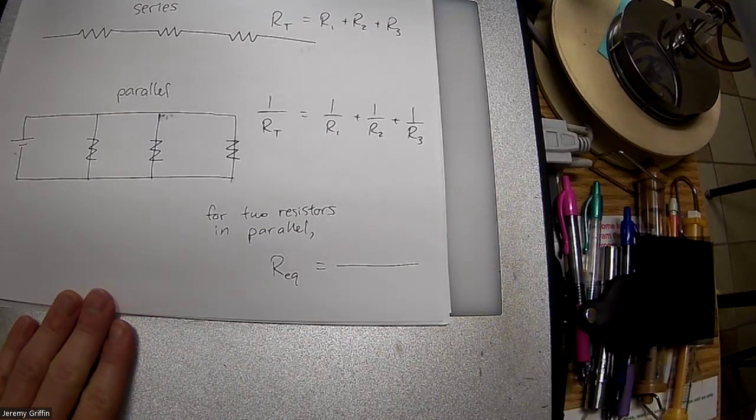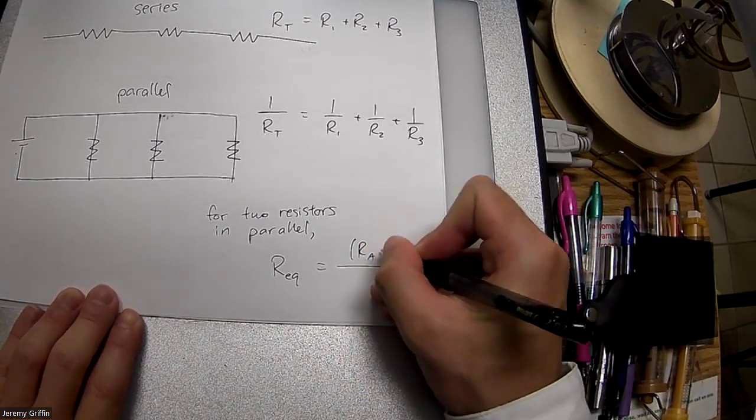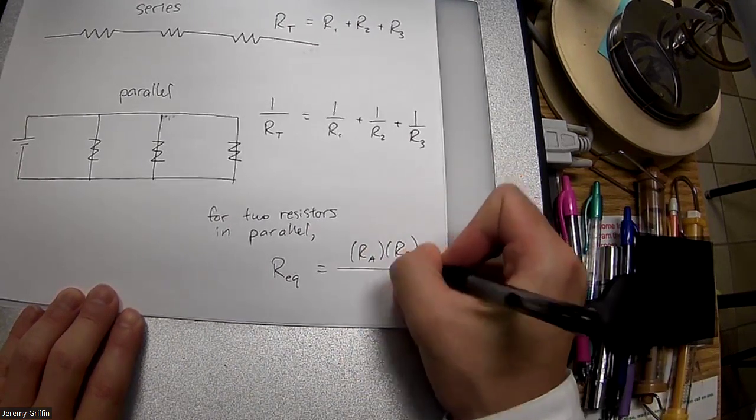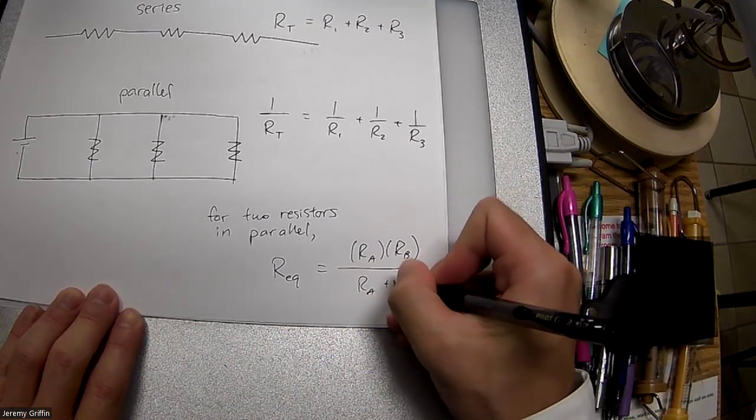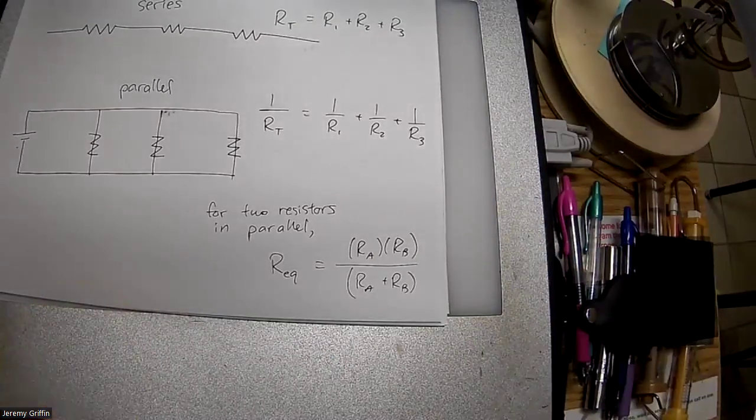Was it product over sum? Resistor A times resistor B over resistor A plus resistor B. You just have to do 2 at a time, right?